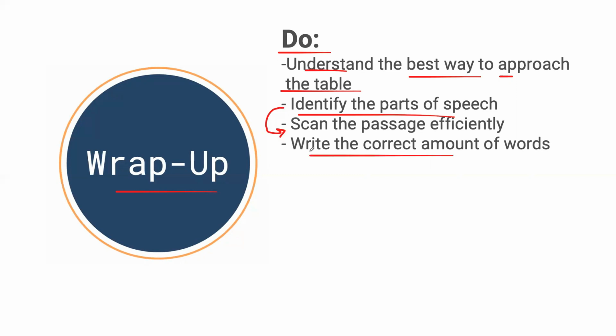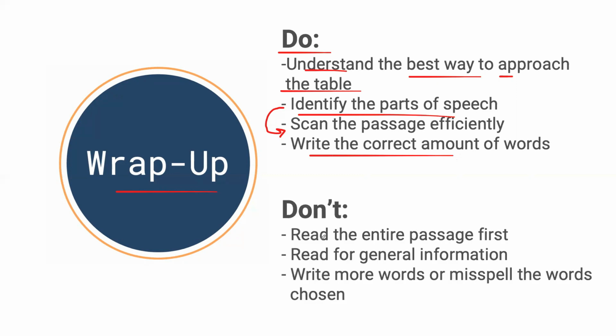Don't forget to write the correct amount of words. Very important here. So pay attention to your instructions. And what you don't want to do, obviously, you don't want to read the entire passage first, but also at all. So you're only looking for the information that will be beneficial to you to answer the questions. And also, you don't want to read for general information.